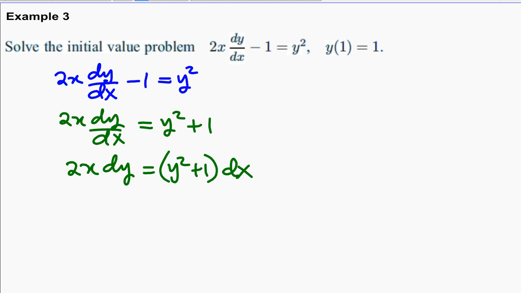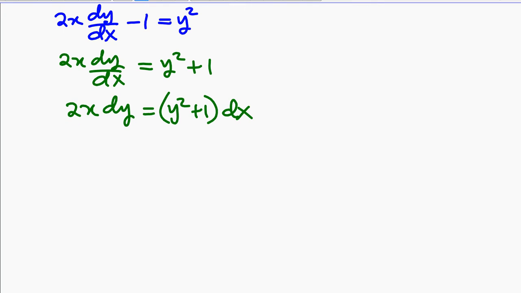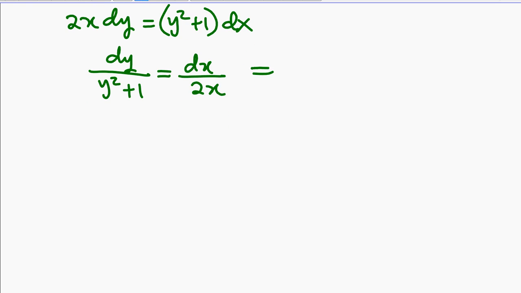Okay, and then what we can do is rearrange it so that we have y's on one side and x's on the other side. So that will be dy over y squared plus 1 is equal to dx over 2x. And then this can be written as 1 over y squared plus 1 is equal to 1 over 2x.